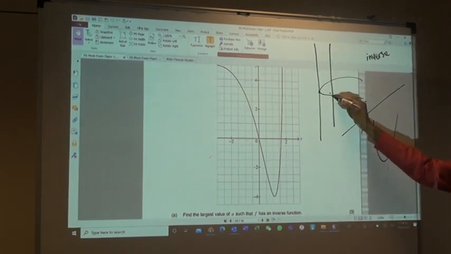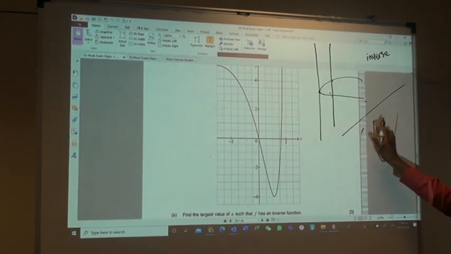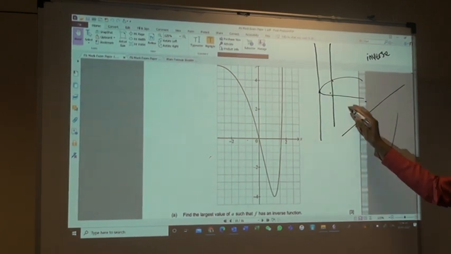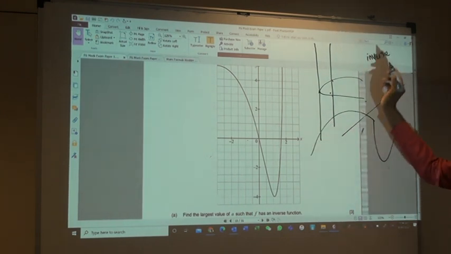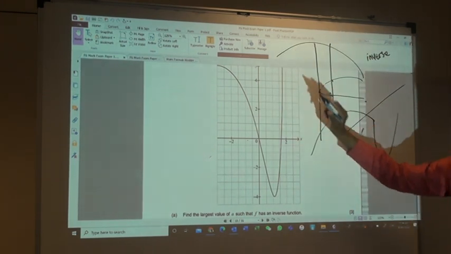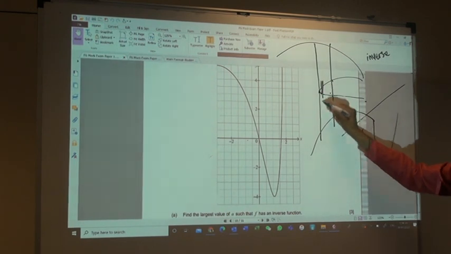Anytime you get in here, it fails. If any part of this curve goes the other way and can be seen on the other side, it means it is invertible up to this point, and the moment it crosses this point, it is not invertible.